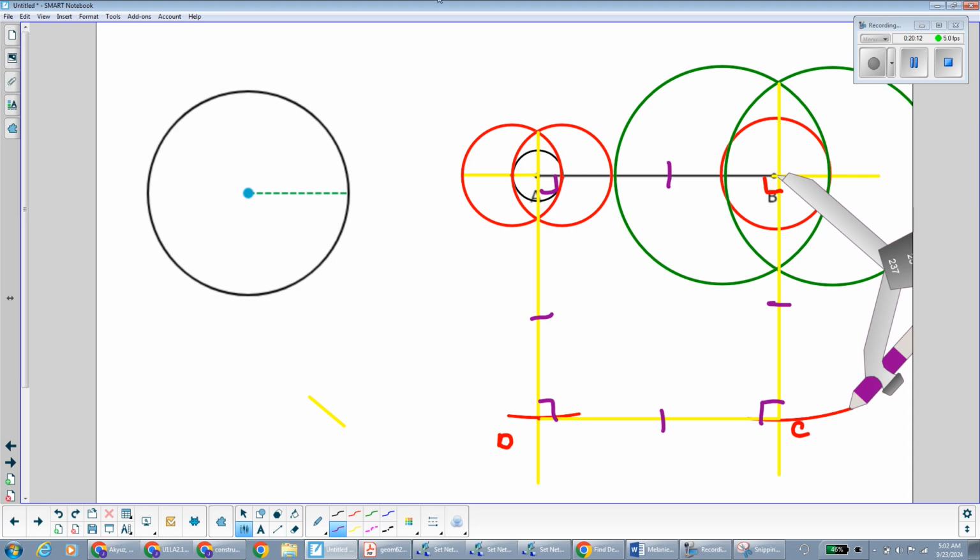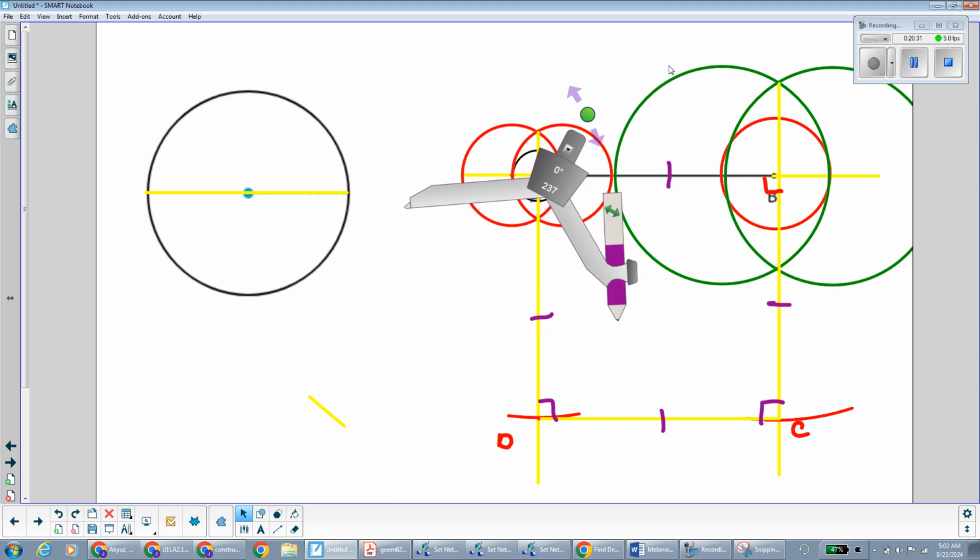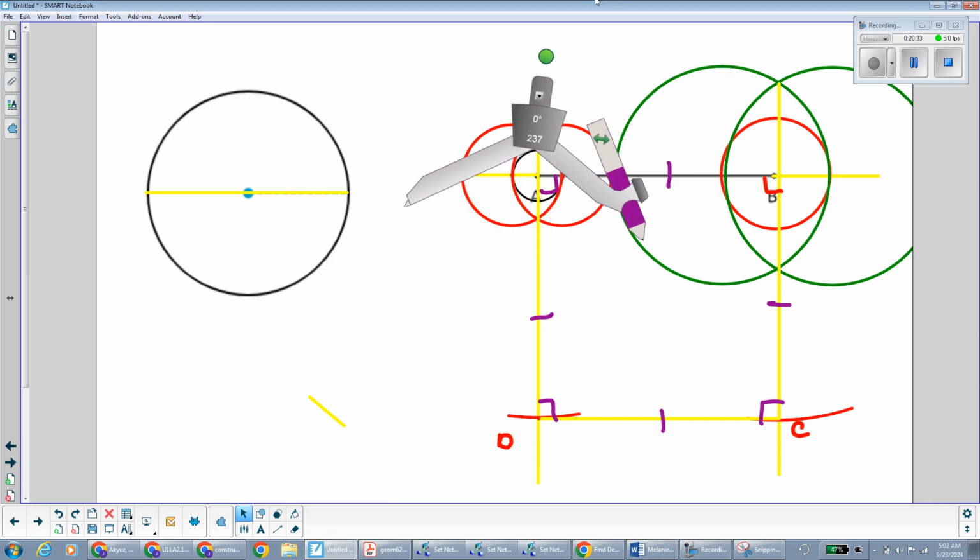To make it inscribed in the circle, what we need to do is start off with a diameter. That goes from one end of the circle to the other through the center. It doesn't matter which way you make your diameter facing, it just has to be a diameter. And we're going to make the perpendicular bisector of the diameter.